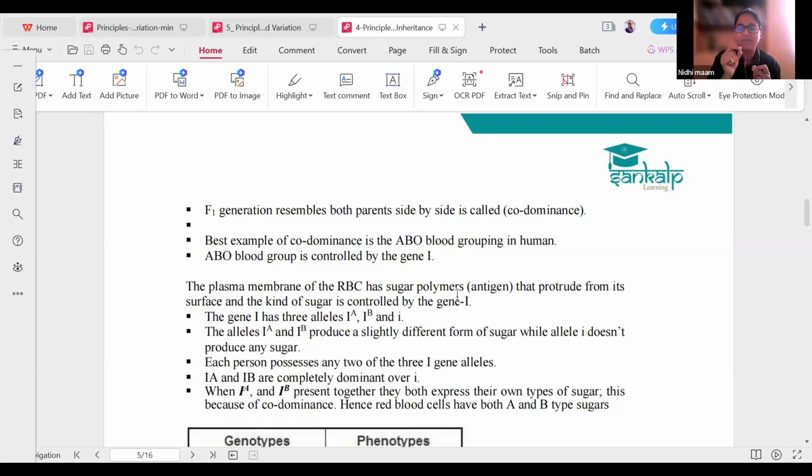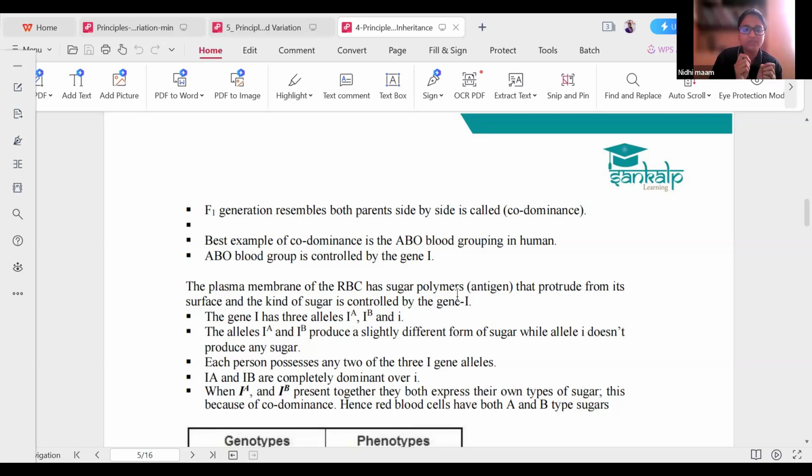Suppose in our RBC plasma membrane there is IA antigen or IB antigen, both produce different forms of sugar. Suppose small letter i is present, it does not produce any sugar.